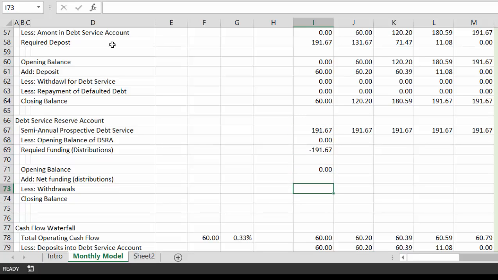Now why don't we just start with, how about we'll just assume that we have this much in there. And what did I do here? So we need no funding at the beginning.